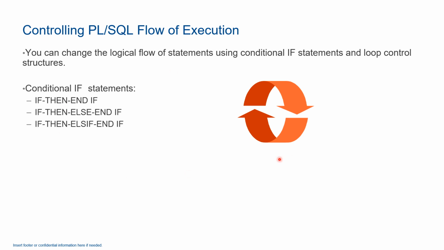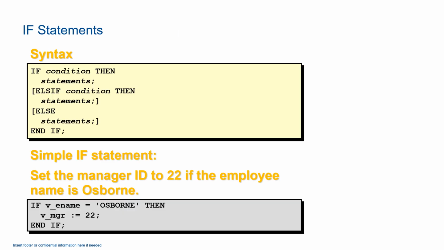We will come to examples for them further. You can see the syntax: if condition then statements, else if condition then statements, else statements. Basically ELSIF and ELSE are optional, so we can write them or ignore them.